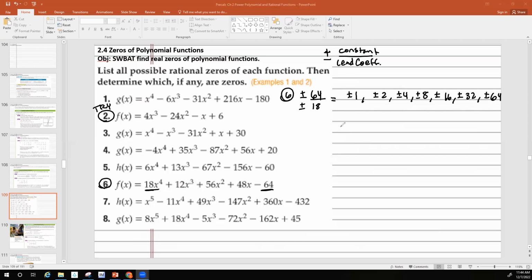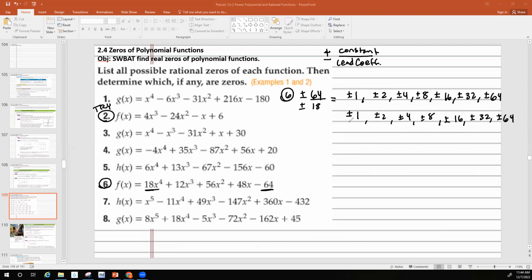We got more, so now we're going to keep on writing those: 1, 2, 4, 8, 16, 32, and 64.